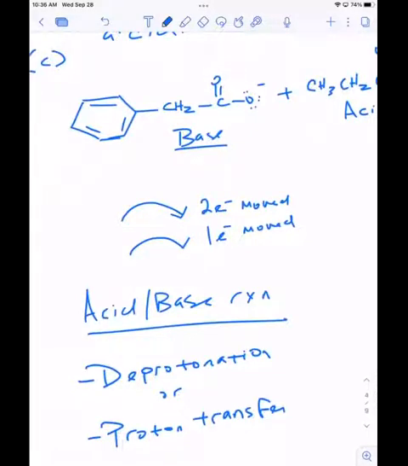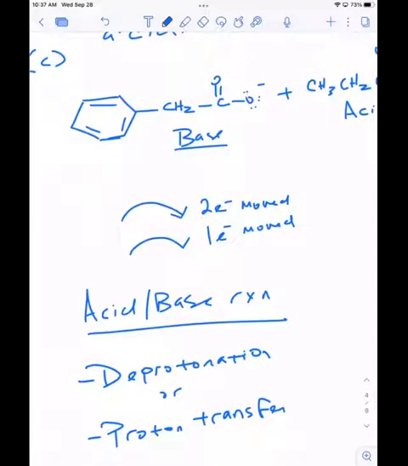We also talked about how to make bonds. How do we make bonds in organic chemistry? What has to happen? Covalent bonds, not just any bonds, but covalent bonds. The orbitals have to overlap.